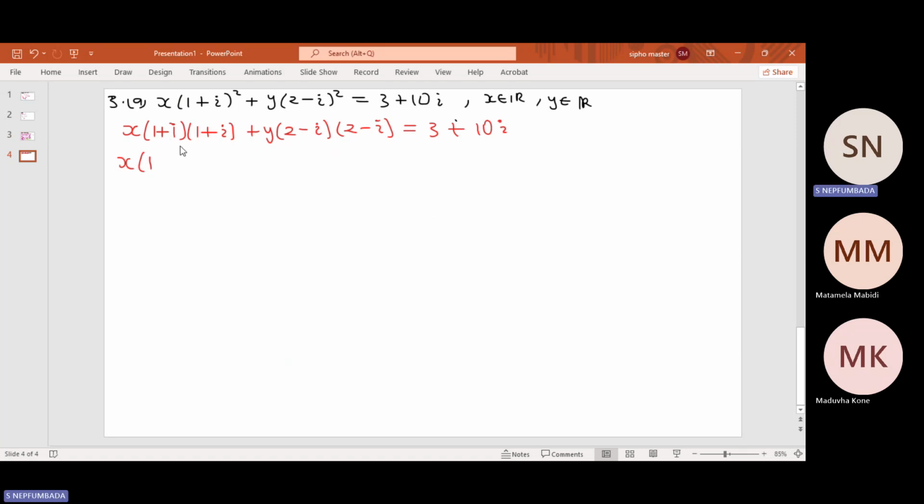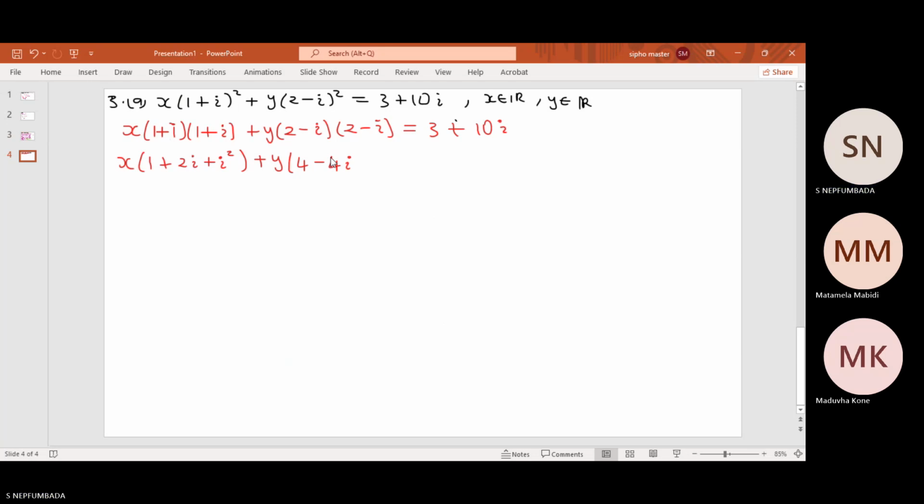So I was saying 1 times 1 is 1. 1 times i is i. 1 times i is i. Then we go to plus 2i. Is that so? Then plus i squared. Then plus i into 4 minus 4i, right?